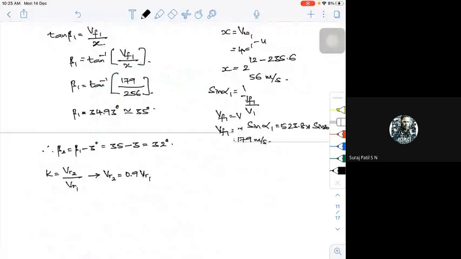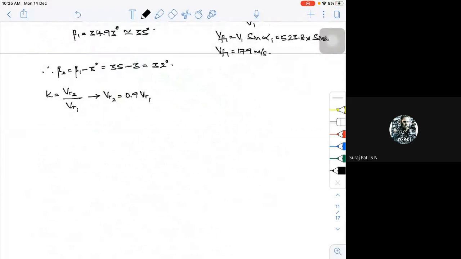From the inlet velocity triangle, sin beta 1 is equal to Vf1 divided by VR1, or with a little cross multiplication, VR1 is equal to Vf1 divided by sin beta 1. Just now we have found beta 1 and Vf1 also. Vf1 is 179 divided by sin 34.93.